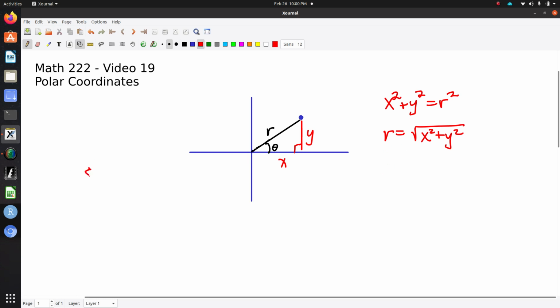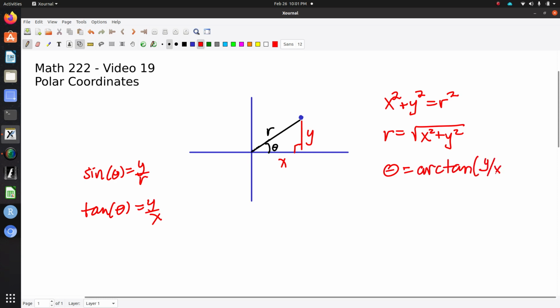We know sine of theta is y over r, and so forth, but we need a relationship that just has x and y in it, so it must be tan of theta is y over x. So if you want to just ask for theta directly, you can say an angle whose tangent is y over x.